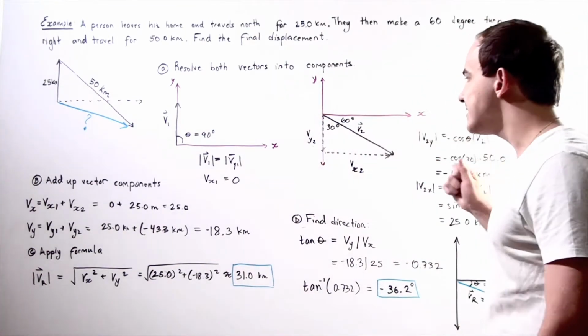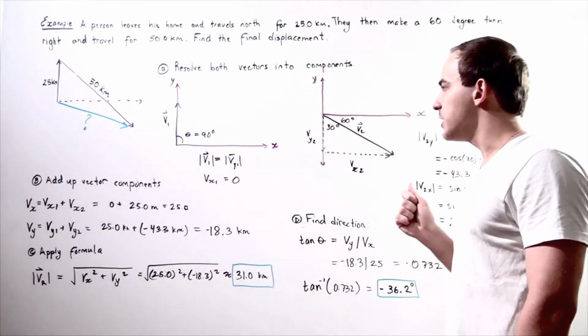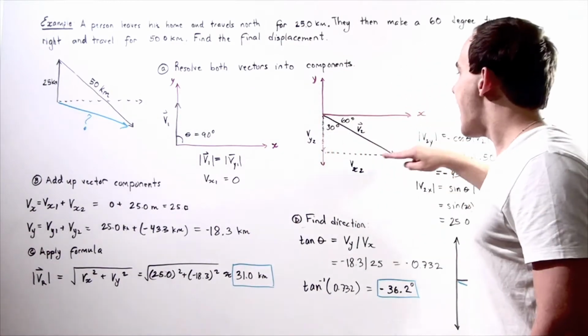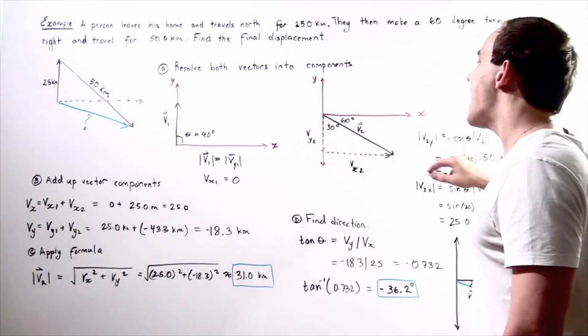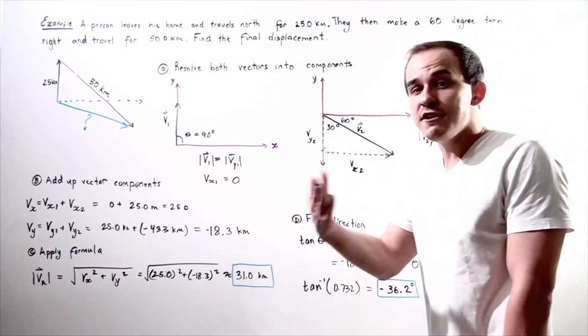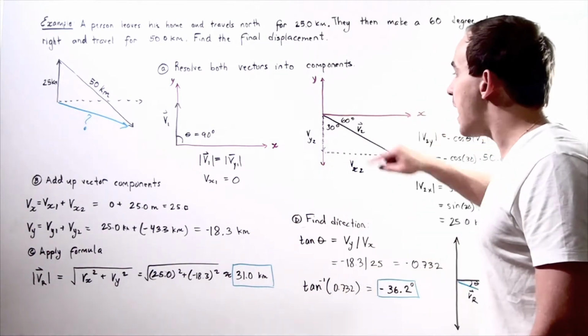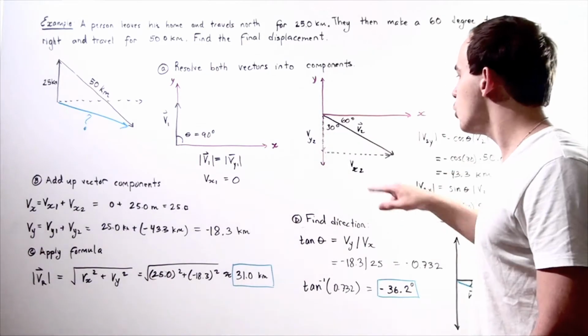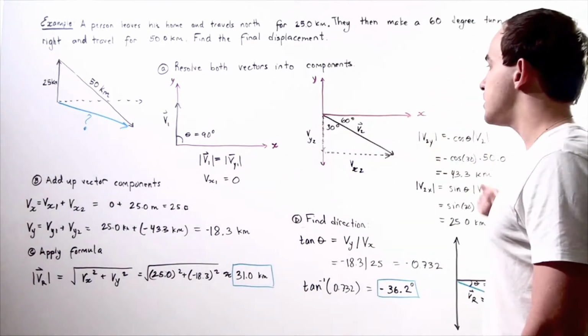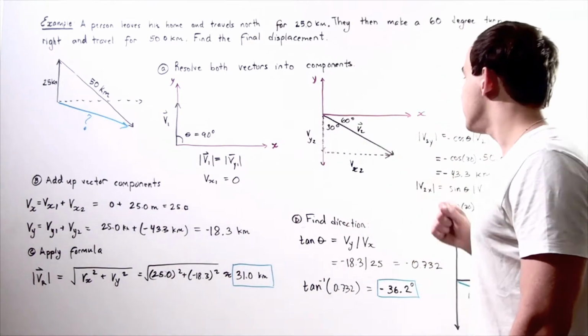So if this is 60, this must be 30. So here we have our component along the y-axis and our component along the x-axis. So notice that we can use our trig functions to find the value of our Vy2 and Vx2. So we know what our hypotenuse is and we know what the angle is.